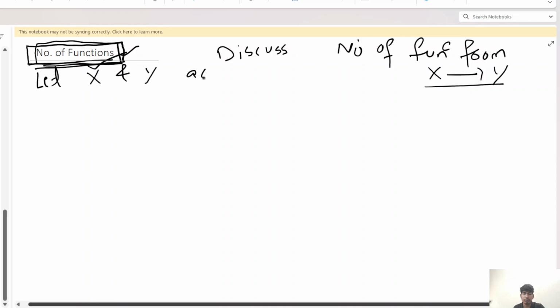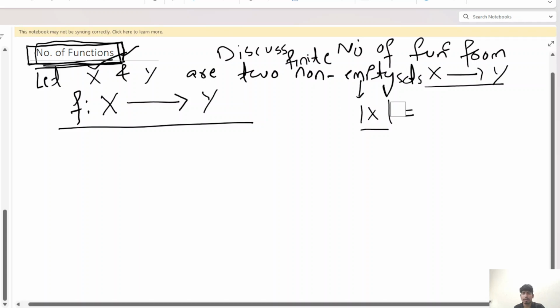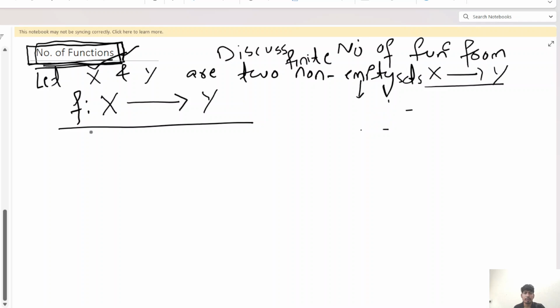Let x and y be two non-empty sets, and f is a function from x to y. If x and y are finite non-empty sets, then we have to find the number of functions from x to y.